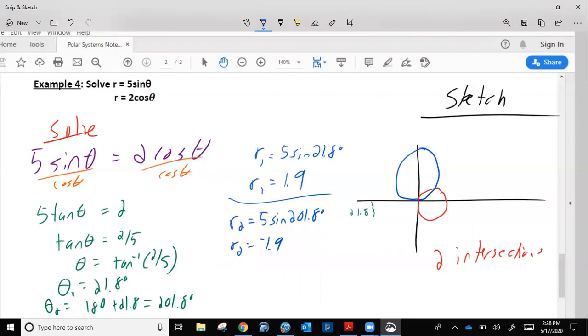Negative radius, though, says to go away from it. So if I go away from that third quadrant, 1.9 units, it puts us on top of the solution we already found. So these are identical solutions. They're identical points.